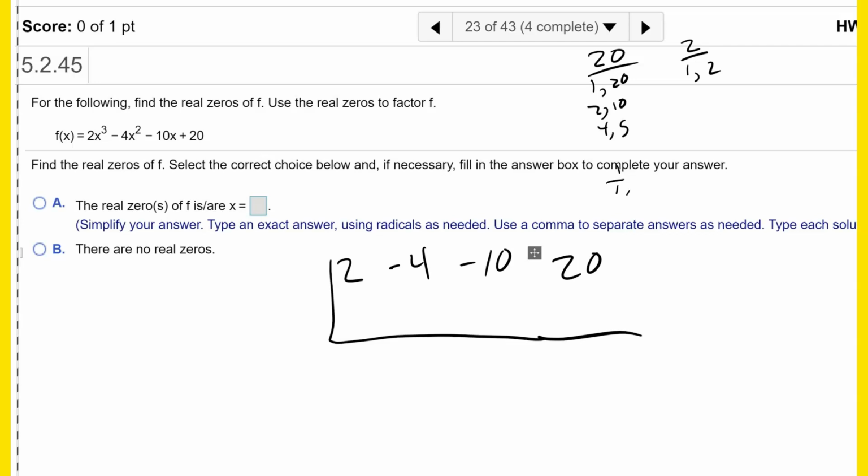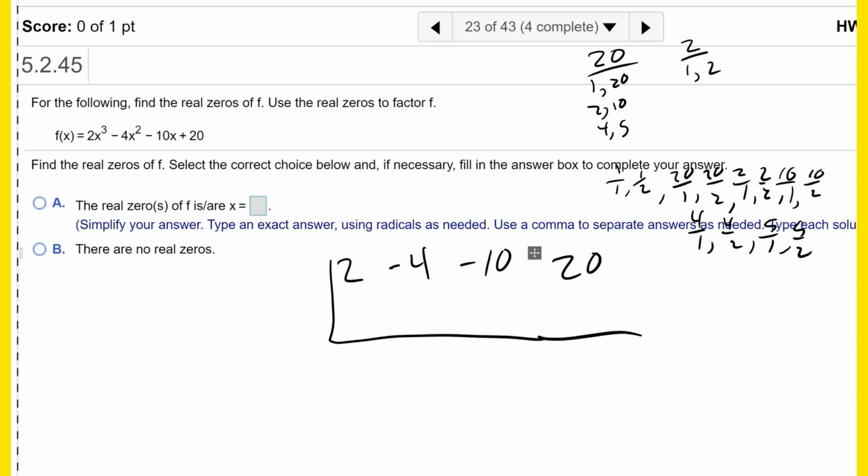So 1 over 1, 1 over 2, 20 over 1, 20 over 2, 2 over 1, 2 over 2, 10 over 1, 10 over 2, 4 over 1, 4 over 2, 5 over 1, 5 over 2. Let's clean that up.